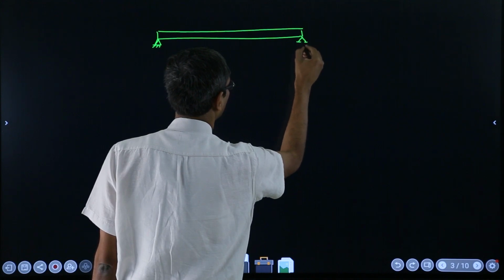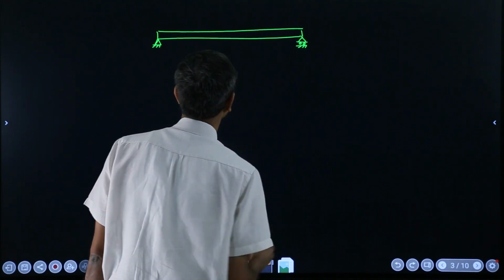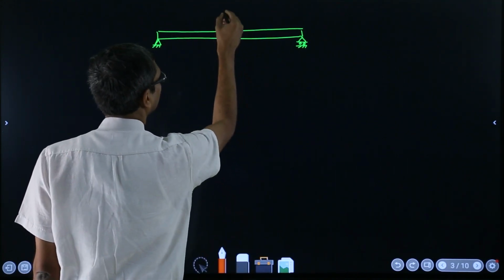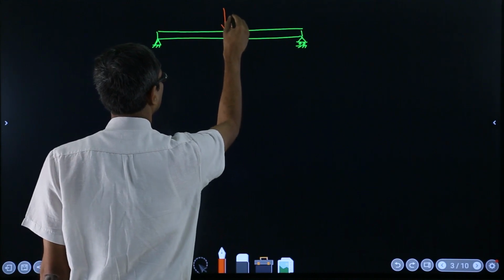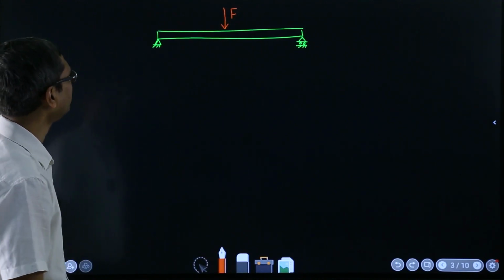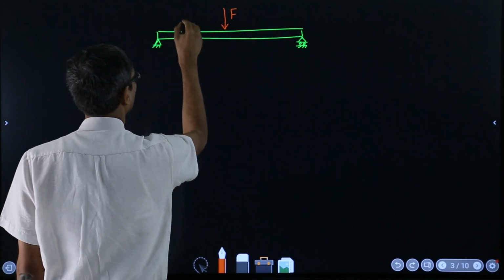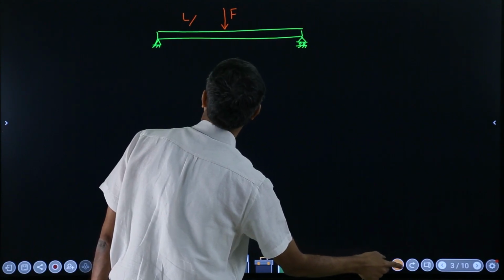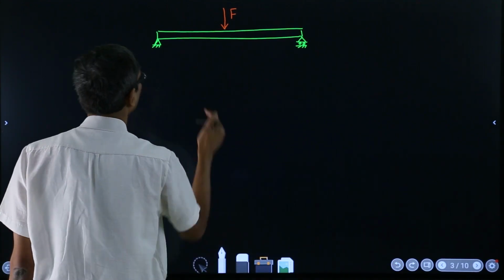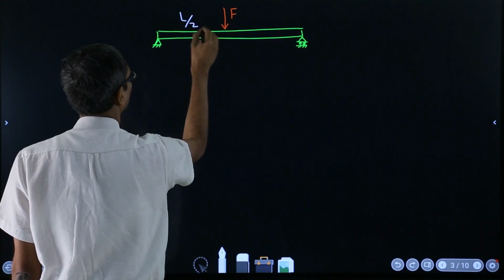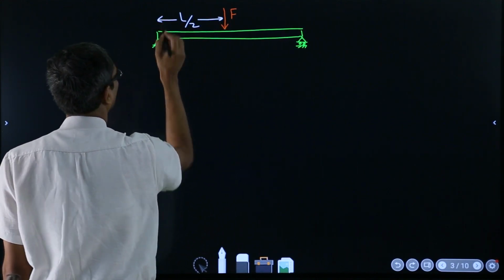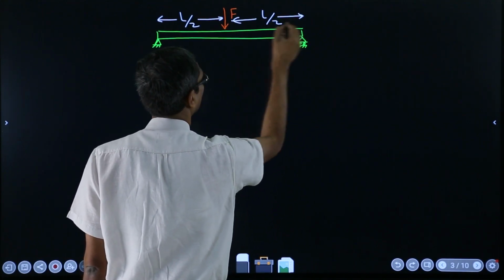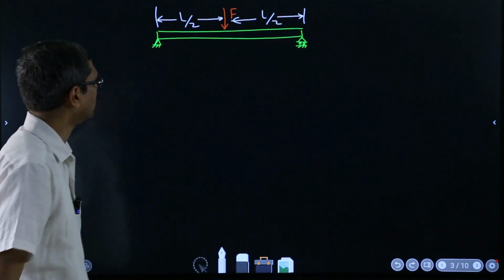One end is here, the other end is here, and the load is exactly at the center, which is F. So this length is L over 2 from here, and this length is also L over 2. So this is the condition.